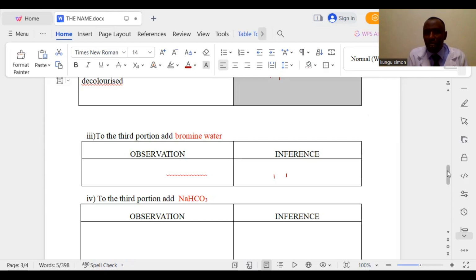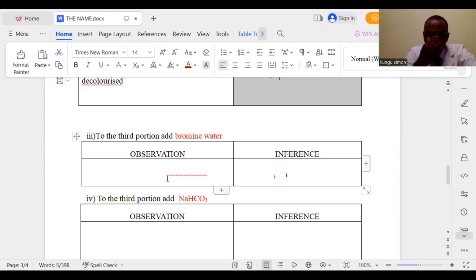And if bromine water is used even earlier, and you realize that it is absent, and then later on you use potassium manganate(VII) and you realize it is decolorized, then this could also confirm that ROH is present, because bromine water can be used to confirm either the presence or the absence of the double and the triple bond. That is the unsaturation.